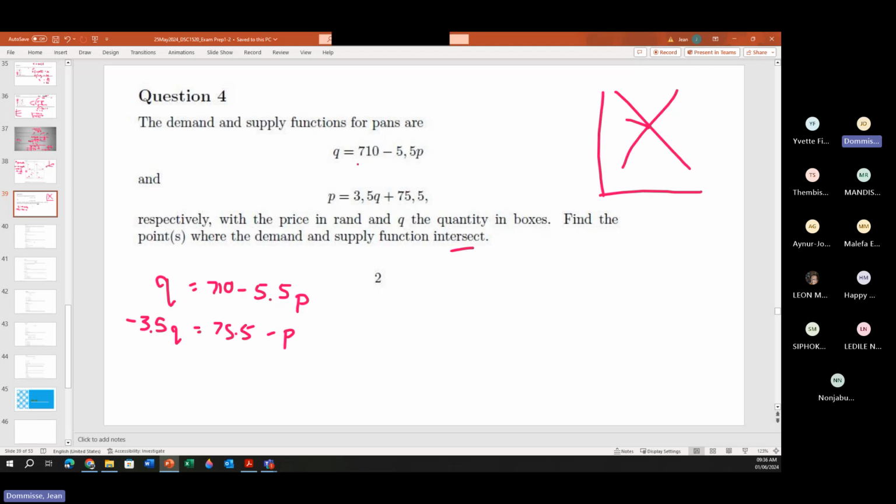Okay, so that is the minus 3.5Q is equal to that. So we first need to make sure that this one is equal to Q. So 75.5 divided by 3.5. Let's hope that is a nice number. No, it's not. So let's just divide everywhere by minus 3.5.